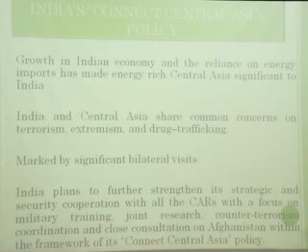India and Central Asia share common concerns with terrorism, extremism, and drug trafficking, and it has also been marked by significant bilateral visits on both sides. India plans to further its strength in strategic and security cooperation with all the Central Asian regions, with a special focus on military training, joint research, counter-terrorism coordination, and close consultation on Afghanistan within the framework of its Connect Central Asia policy.